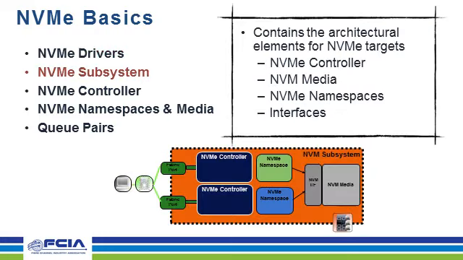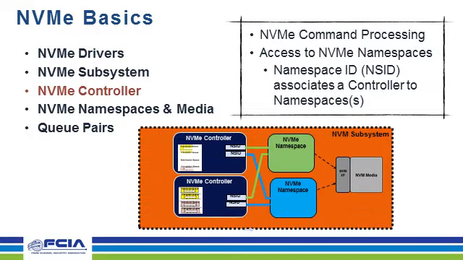The other part that you'll need inside of an FC NVMe system is the NVMe subsystem itself. This is going to contain all the architectural elements for the NVMe targets. It's the heart of what makes NVMe work, and it's made up of a number of different components. So let's take a look at them briefly. The first is the NVMe controller.